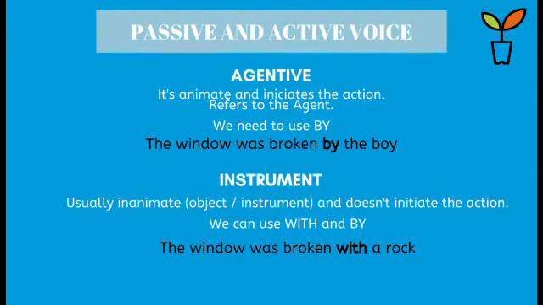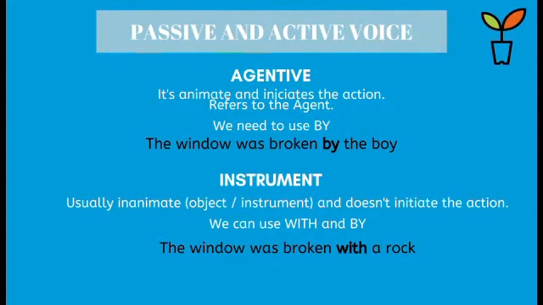Don't get confused with the word with in this context, because you can also say by or with. Can you see it here? Use by when you refer to the agent, when you talk about a person. But you can use with when you refer to the object or the instrument that you used in order to perform a certain action.